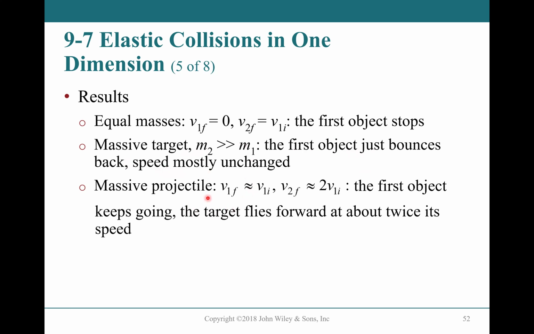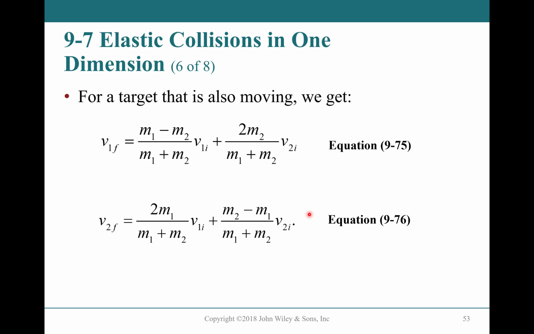And if we have a massive projectile, M1 very large, then V1 final will be equal to V1 initial, and V2 final will be equal to 2 V1 initial. The first object keeps going at almost the same speed as the initial speed, but the final velocity of M2 is doubled.